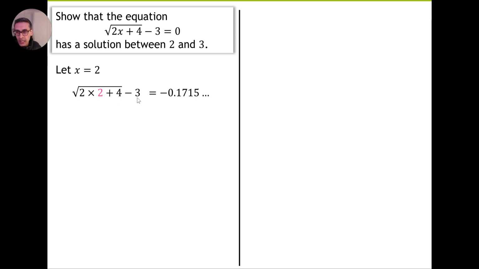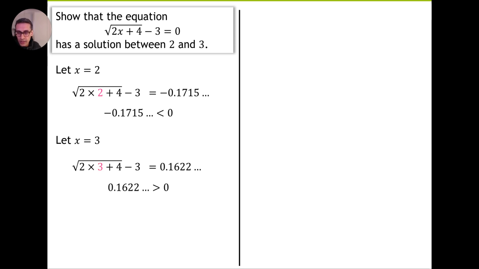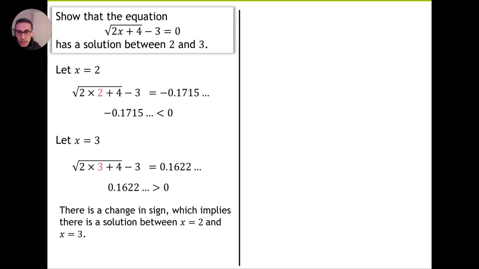So it's going to be root 8 minus 3, which is negative 0.175. And then when you do the same for 3, you're going to get a positive answer. And then the most important thing, that statement. Because there's a sign change in between the two values, there is an implied solution between them.